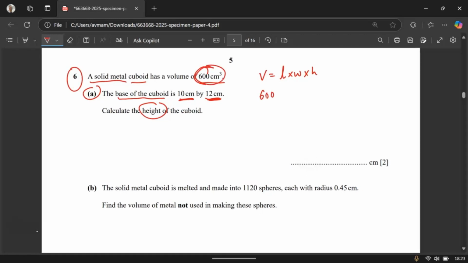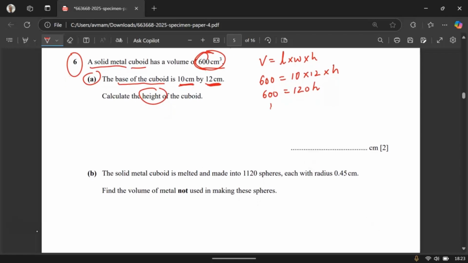So 600 is equal to 10 times 12 times height. And that will give us 600 is equal to 120 times height. Divide both sides by 120. And height is equal to 600 divided by 120, and you can even do this without a calculator. 60 divided by 12 is 5 centimeters.